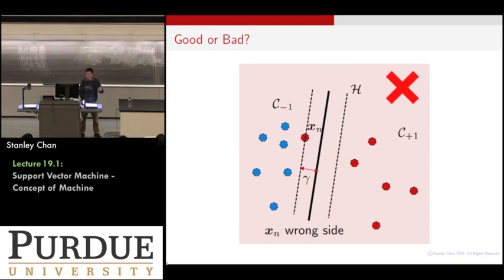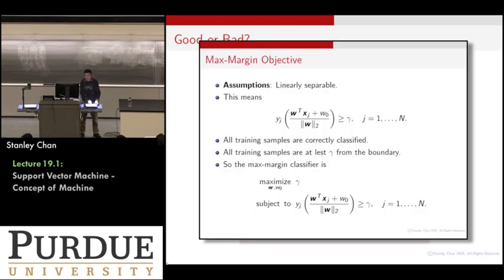Now, the following discussions will be a little bit more mathematical, because by solving the problem, I mean that solving this problem is non-trivial. Why? Well, because you want to maximize over W and W0, and W0 appears in the numerator, it appears in the denominator, it also appears in gamma, because if you change the W, the gamma will change.